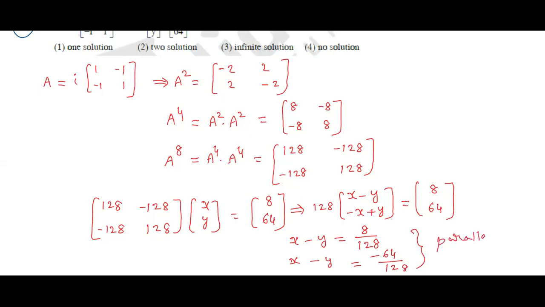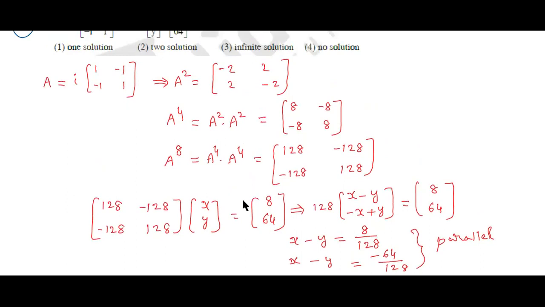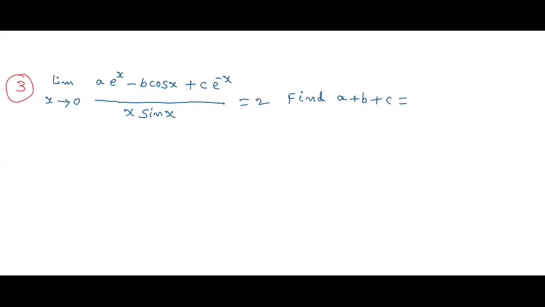The x, y coefficients are the same, or not? So how many solutions do both equations have? No solution. If two lines are parallel, we can't get a solution. No solution, this is the answer. See the options, what they have given: no solution. Fourth option is correct.